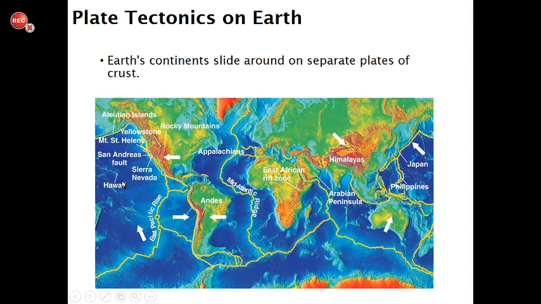And what we're seeing, we see evidence the Pacific is moving under North America, or North America is moving over the Pacific, and India is moving up under the Himalayas. And you have a chunk of East Africa moving westward, it's being pulled apart. We have lots of different ways that the plates are slipping and moving around.